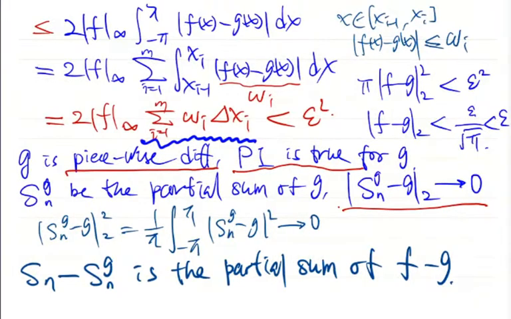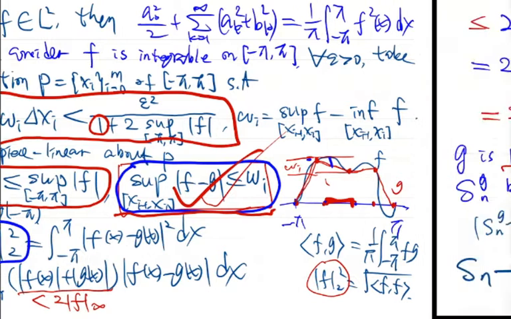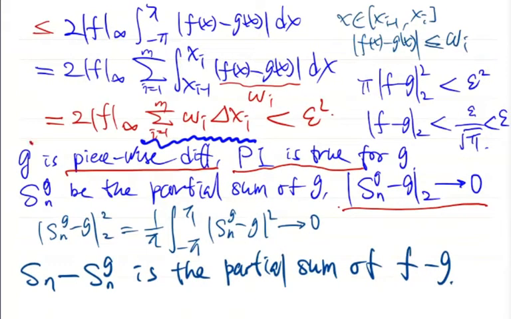We estimated here that the L2 norm of f minus g is less than epsilon. We obtained this result before, and it is not easy to obtain. We estimated the integral of f minus g squared from minus pi to pi, then by a somewhat long computation we reached this result. This implies that the L2 norm of f minus g is not greater than epsilon.